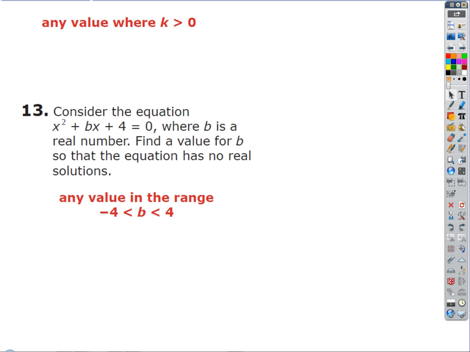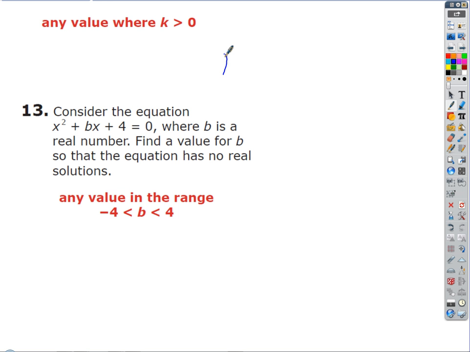Okay, here's another one. What about this one? Same question, but what about b? Okay, this takes us back to the discriminant, right? Remember, the discriminant is just the part inside the radical, because that's the part that determines if you have i's. If that part is negative, you're gonna have i's. So if we go through this and say, what's our discriminant? Well, A is 1, B is B, and C is 4, right?